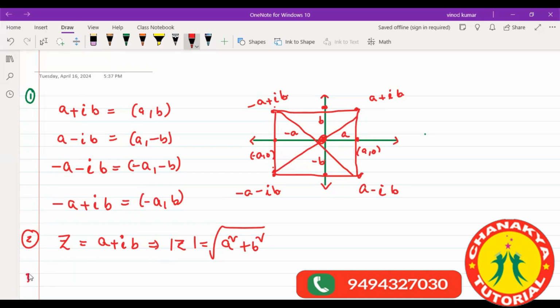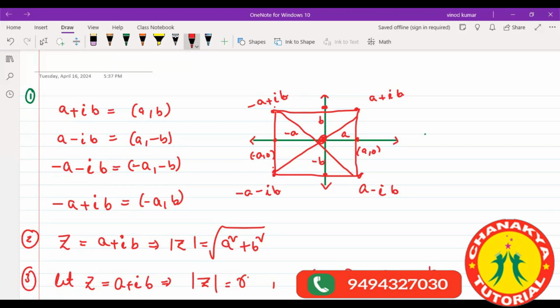Amplitude means what? Let z equals a plus ib be a complex number, and R the radius, that is, mod z equals R. The real number theta satisfying cos theta equals a by R and sin theta equals b by R. Here a is the adjacent side, b is the opposite side, and R is the hypotenuse.